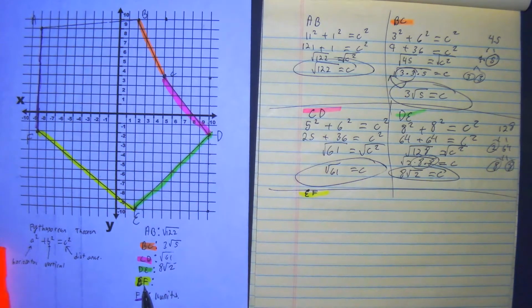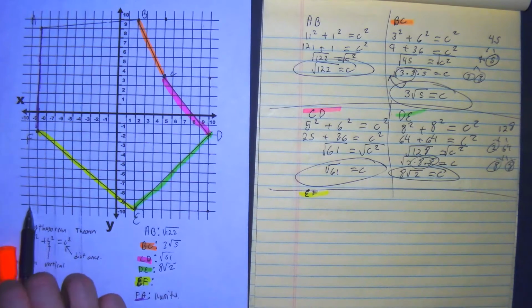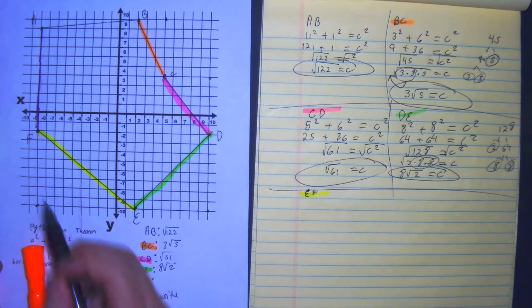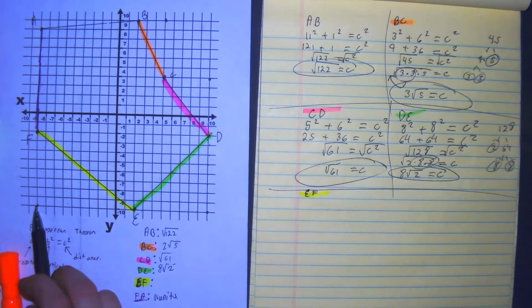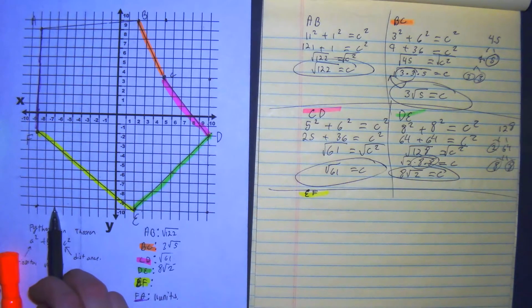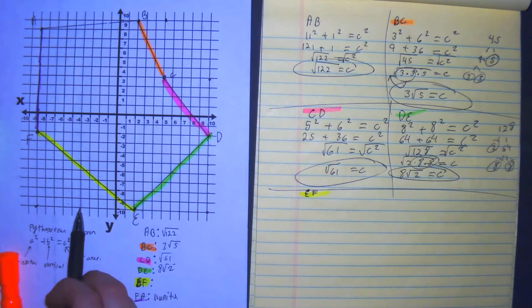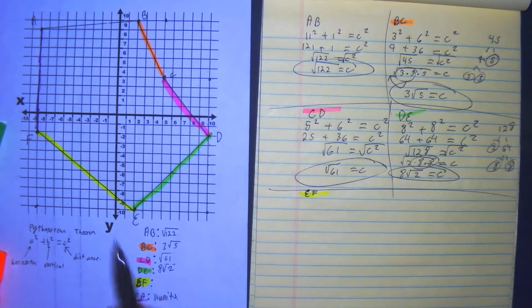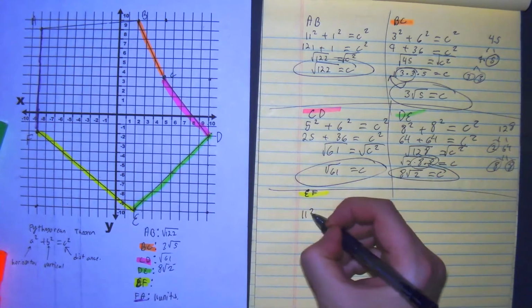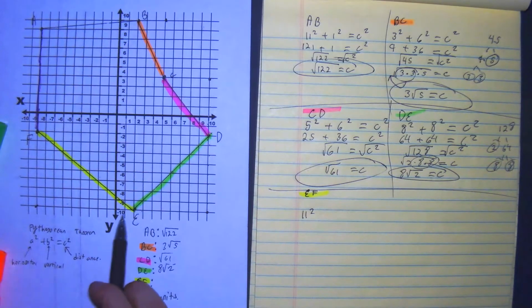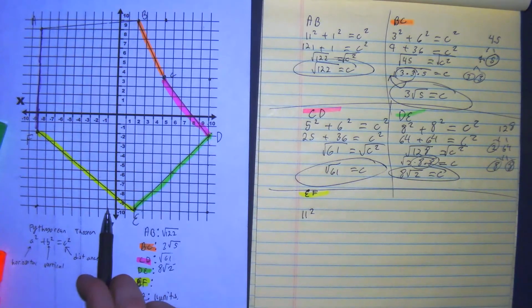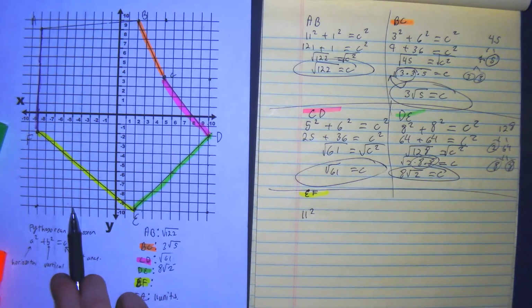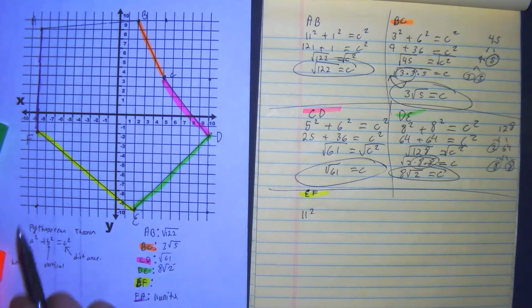So first with EF, we count the horizontal distance all the way to this 9 point. 0, 1, 2, 3, 4, 5, 6, 7, 8, 9, 10, 11. Looks like our horizontal distance is 11 squared. One more time: 0, 1, 2, 3, 4, 5, 6, 7, 8, 9, 10, 11.